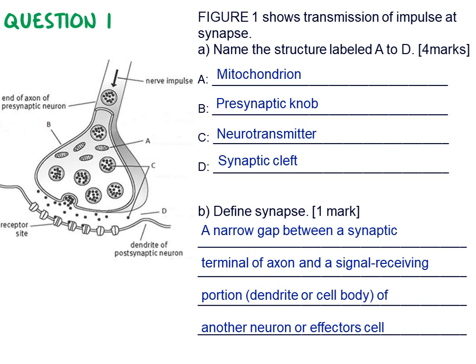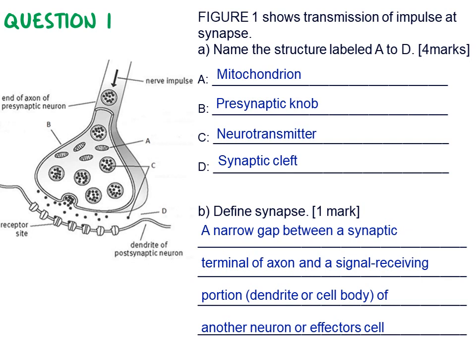A signal receiving portion means another region, okay. So this region may be a neuron or maybe an effector. So what is synapse? So synapse is a narrow gap between synaptic terminal axon and another neuron.